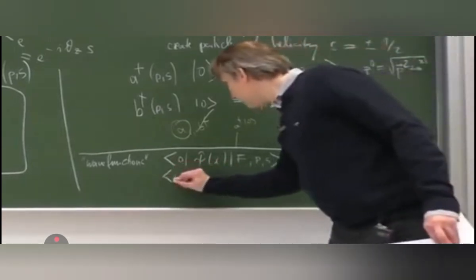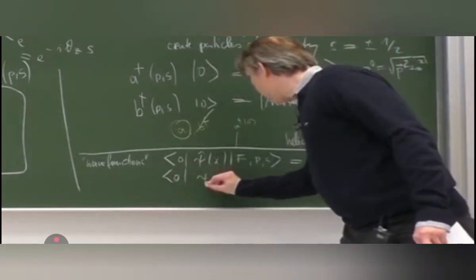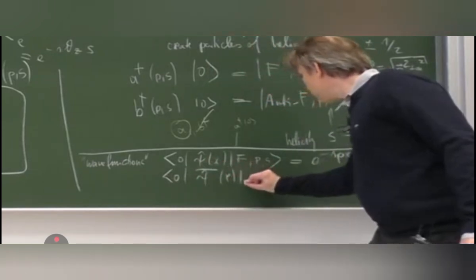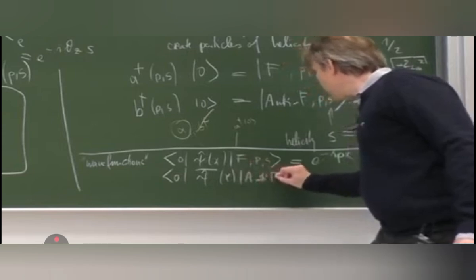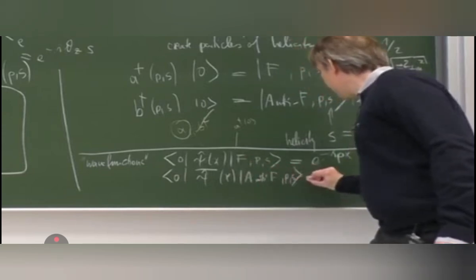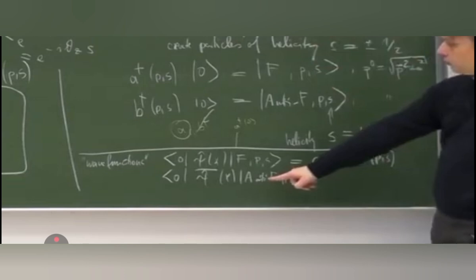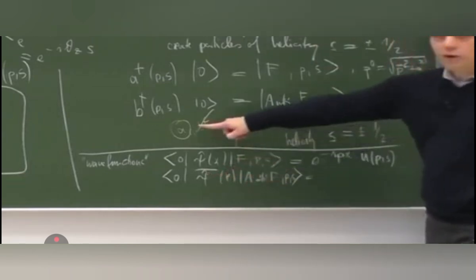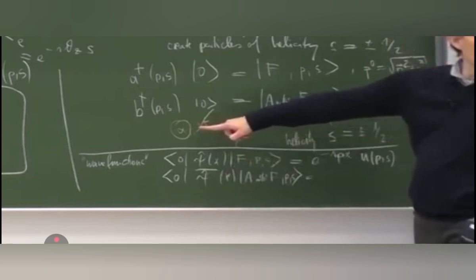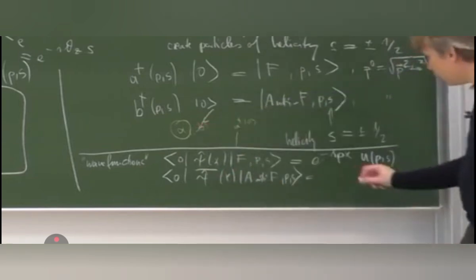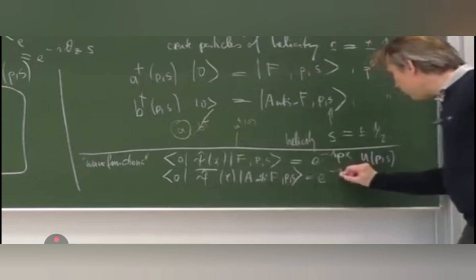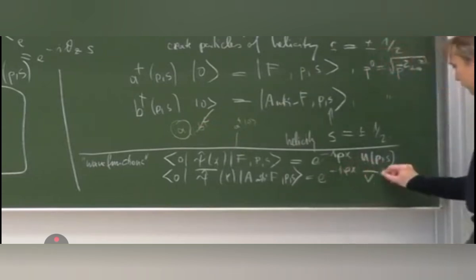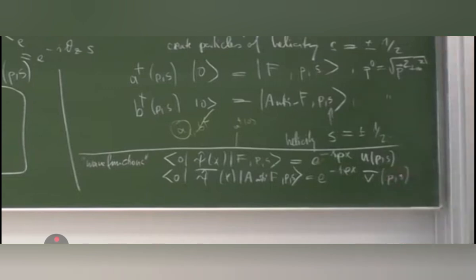Similarly, you can do it for an antiparticle with psi bar, anti-fermion p comma s. Here you act with b dagger onto the vacuum, and psi bar contains b and a dagger. Then of course only the b contributes and the a dagger cancels, and we get similarly e to the minus i px times the spinor v bar of p comma s.